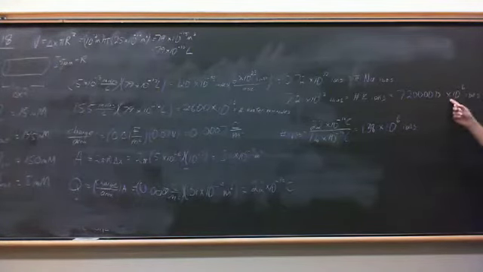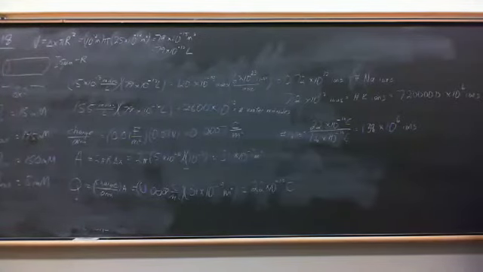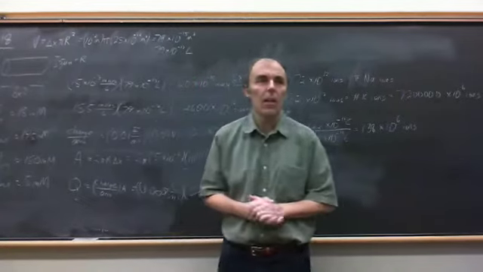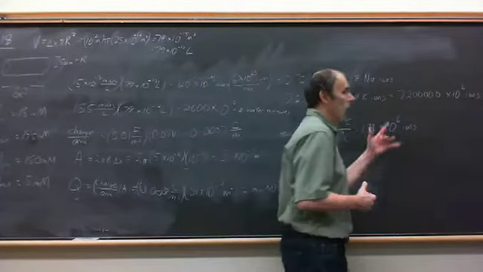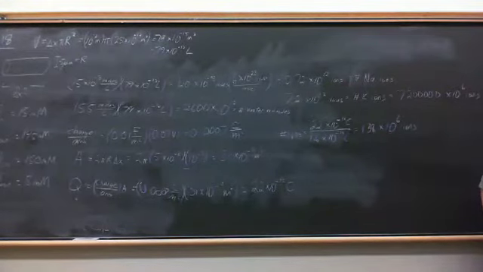This is over 7 million, this is 138. So what it says is it only takes a tiny, tiny fraction of the total potassium in the cell in order to create this voltage on the cell membrane.